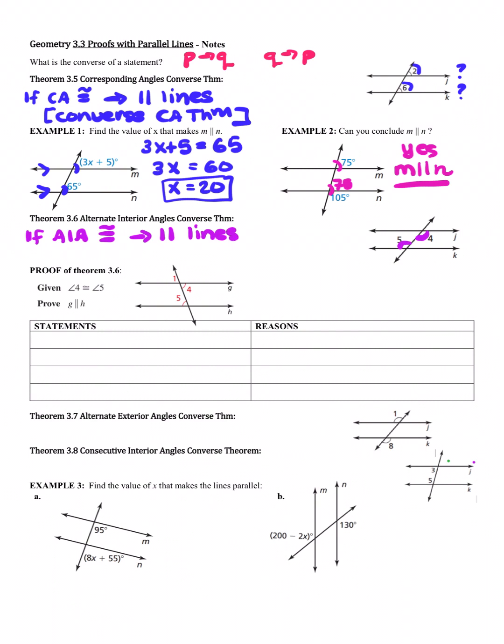All right, so we're going to prove this theorem. And like every theorem, we cannot use the theorem in the proof of the theorem. So we start off with our given. So we are given angle 4 is congruent to angle 5. That was given to us. And so we need a couple other relationships so that we can get to our parallel lines. So let's see.